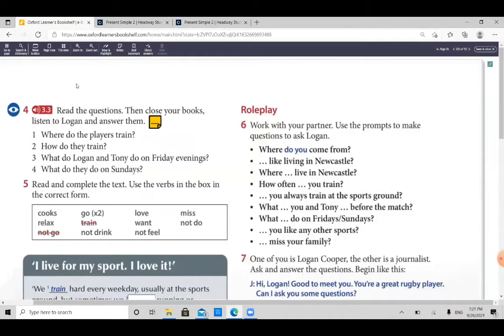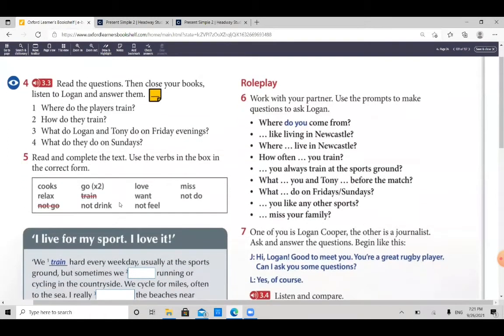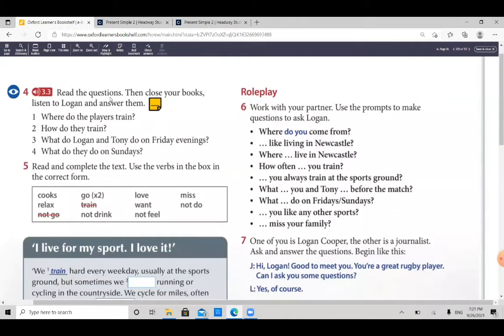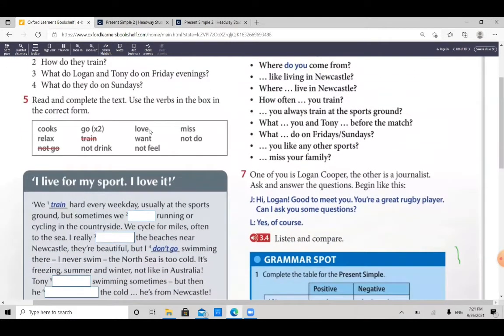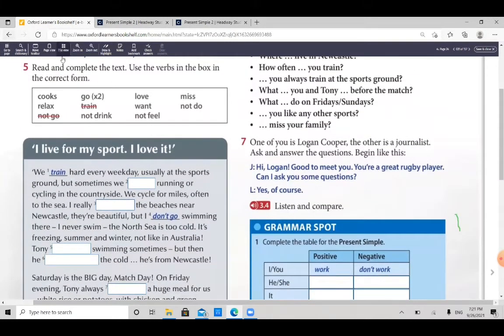Okay. Now move please to the next page. Let's skip number 4 and move to 5. Read and complete the text. Use the verbs in the books in the correct form. What do you mean by correct form? You might need to change the verb, add s, delete s.